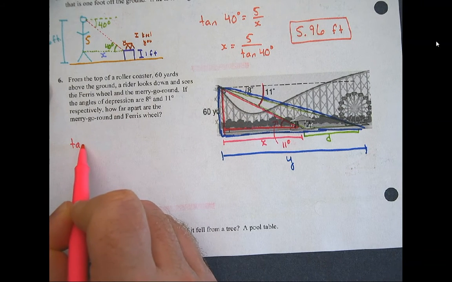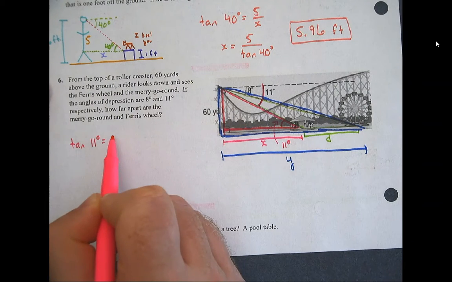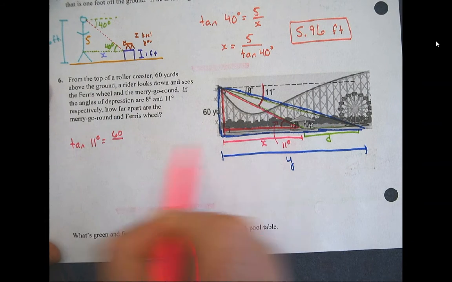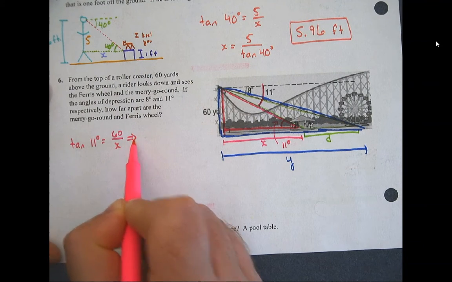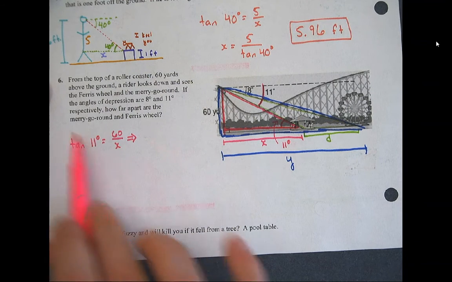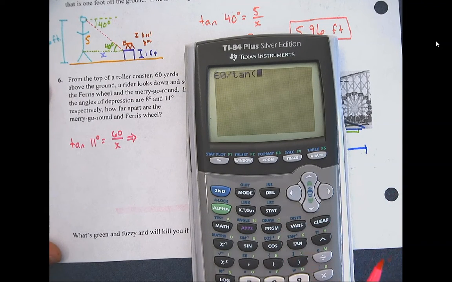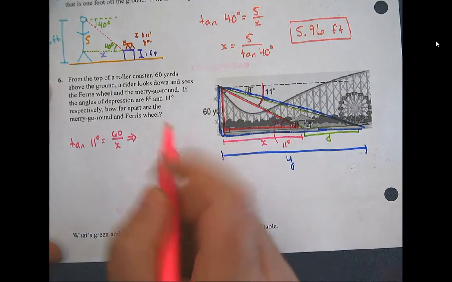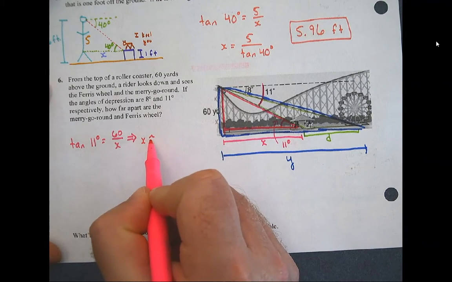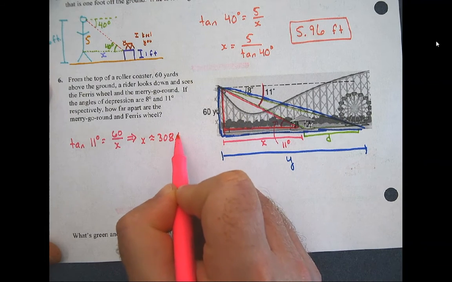So tangent of 11 degrees is equal to opposite, which would be 60, over adjacent, which would be x. I can do switchy here. Switch the x and the tangent. So 60 divided by tangent of 11 ends up being 308.67. So x is approximately 308.67.